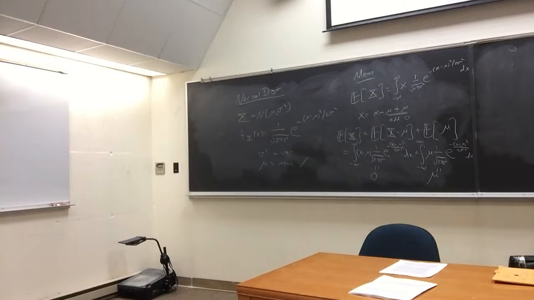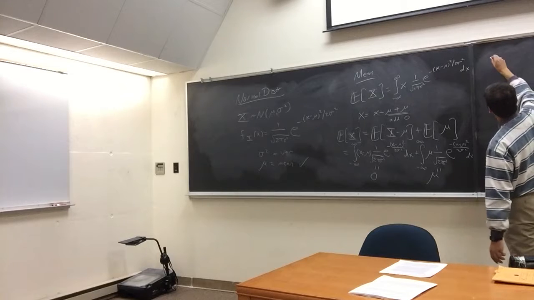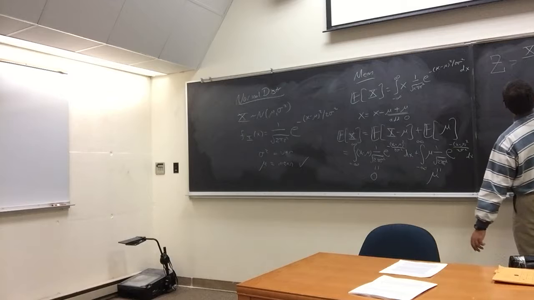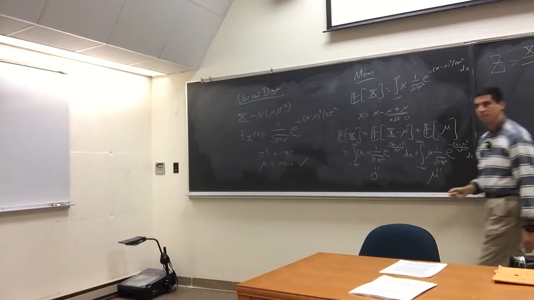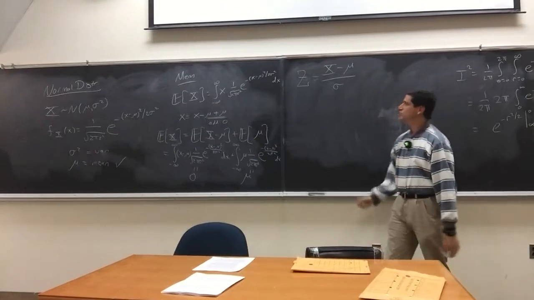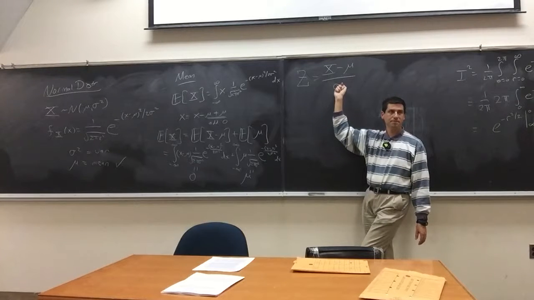So I want to talk a little bit about that. Actually, I'll use the variable z. Let z be x minus mu over sigma. So we're translating x by mu, and then we're dividing by sigma.